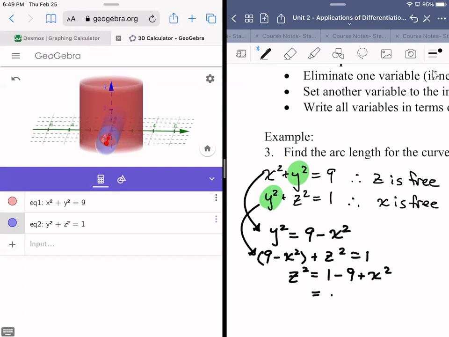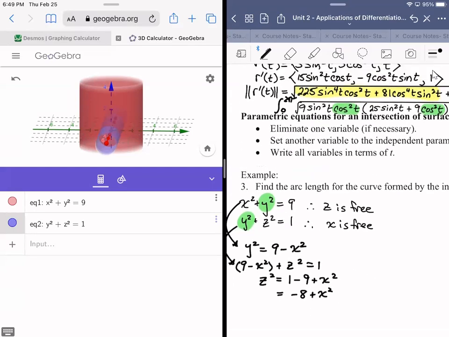So negative 8 plus x squared, or you could write it as x squared minus 8. Just moving things around, that's all. So x squared is the free variable.